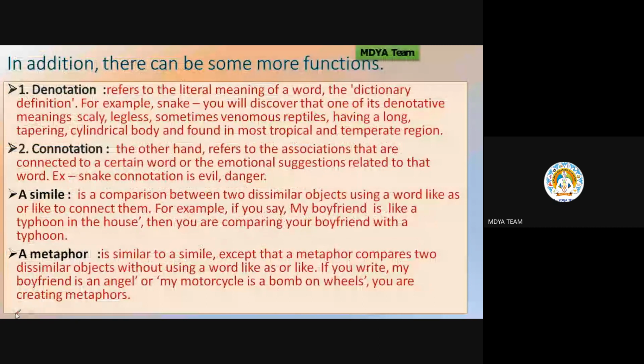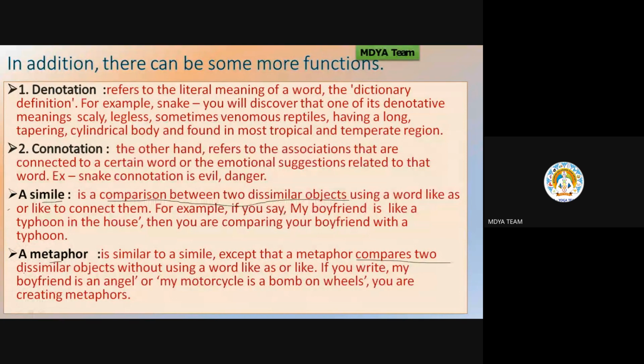So do I need to explain simile and metaphor again? For me, yes, ma'am. Okay. Simile and metaphor, both of these are comparison between two dissimilar objects.